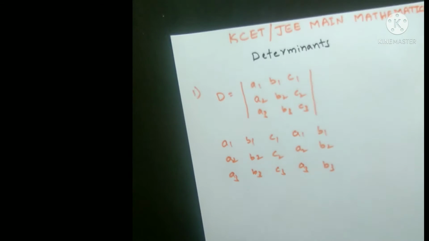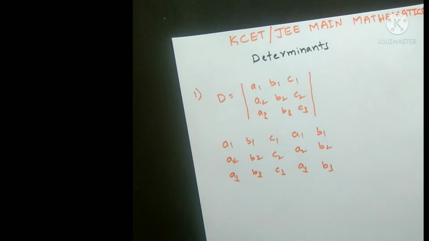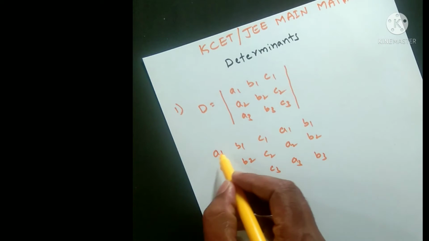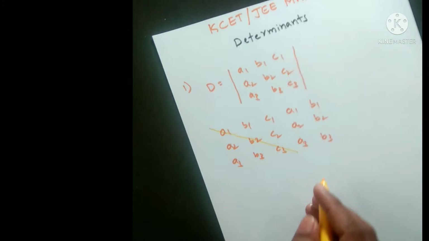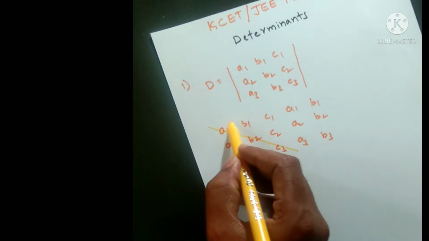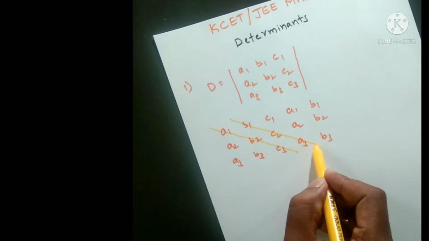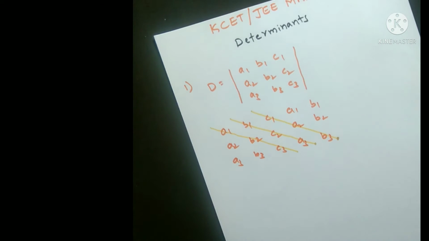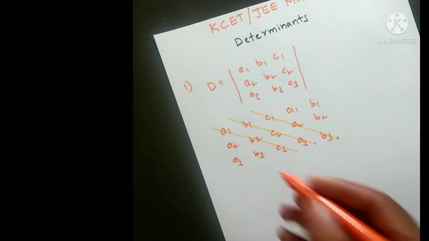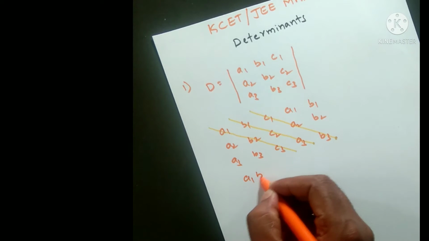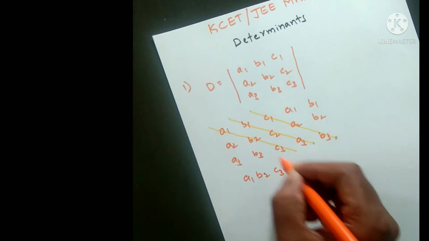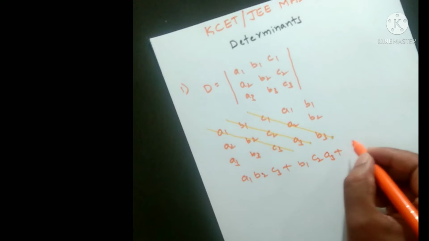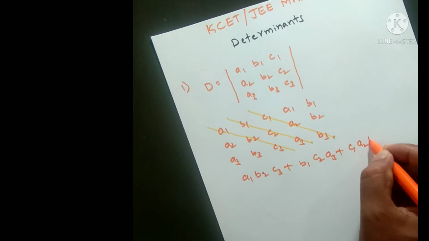I will stop here. Then I take the main diagonals: A1, B2, C3, plus B1, C2, A3, plus C1, A2, B3.